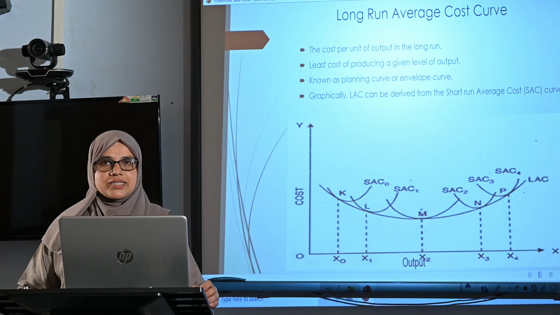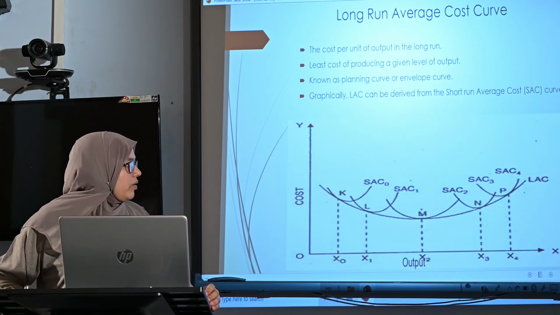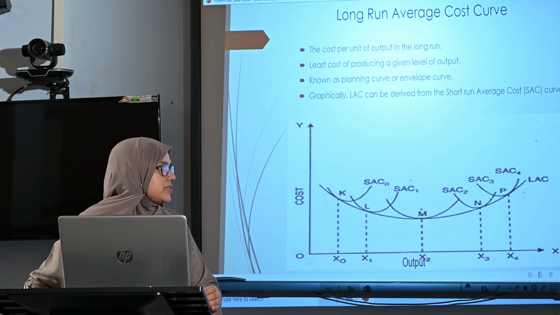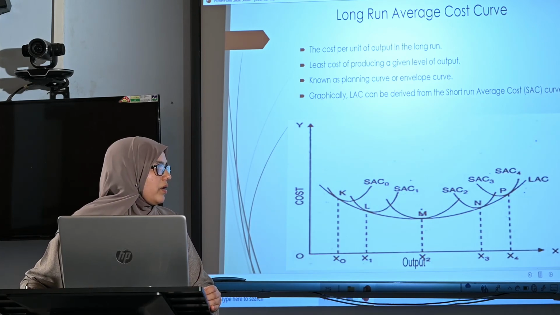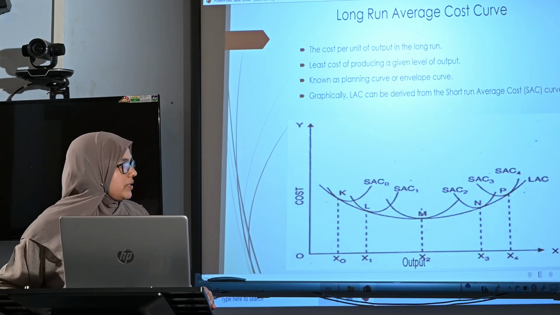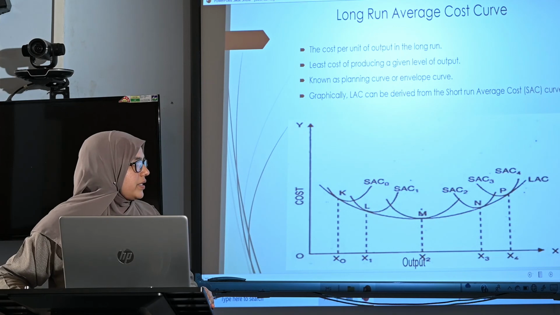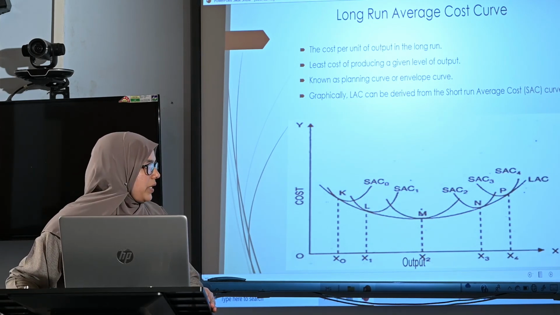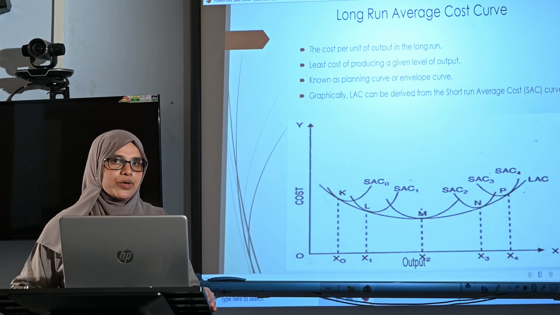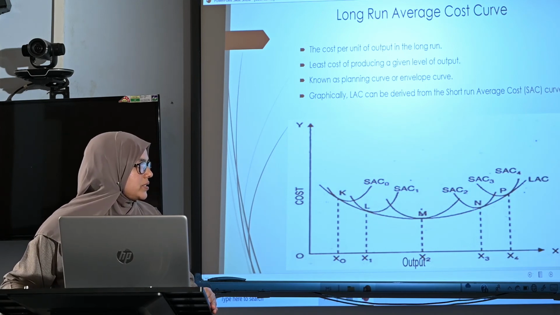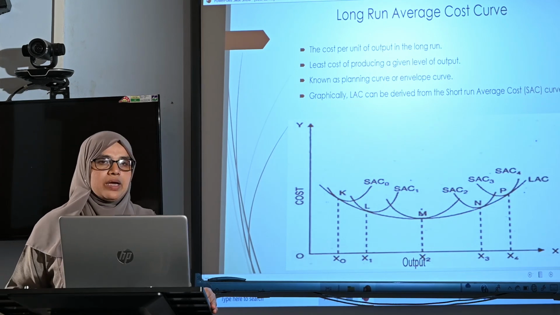When LAC is falling, the falling portion of SAC is tangential to LAC. When LAC is rising, the rising portion of SAC is tangential to LAC, that is SAC 3 and SAC 4. When LAC is minimum, the minimum point of SAC is tangential, that is SAC 2 is tangential at point M at x2 level of output.